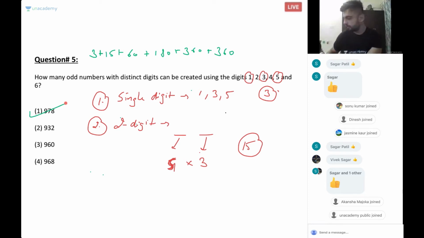My answer to this question is option 1, that is 978. There are 978 odd numbers with distinct digits that can be created using the digits 1, 2, 3, 4, 5, and 6.